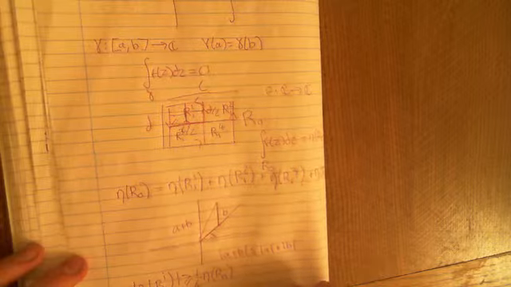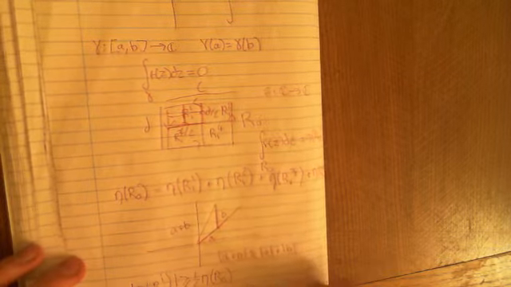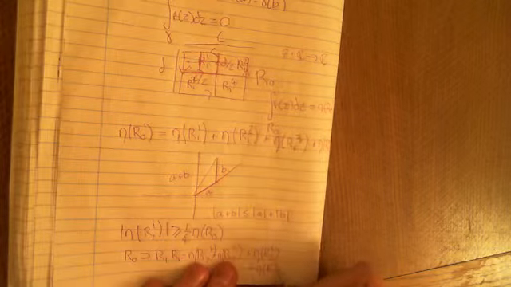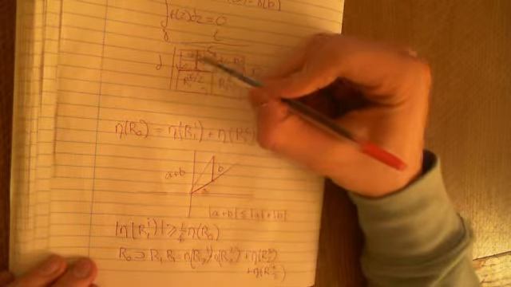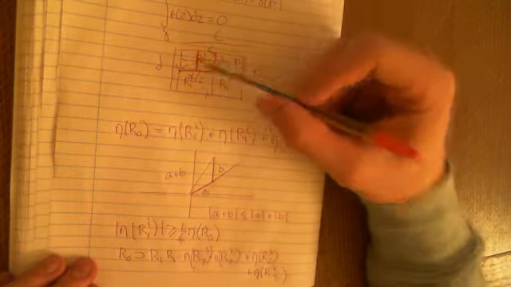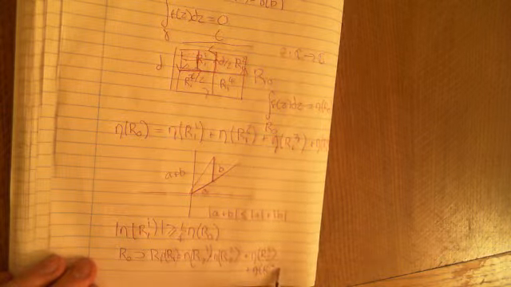So if we call these R21, R22, and so on, then the contour integral around R1 must equal the sum of the contour integrals around R21, R22, R23, R24. Basically, I've just written out that if we've divided this into R21, R22, R23, R24, then the contour integral around R1 is equal to the contour integrals around all of them.